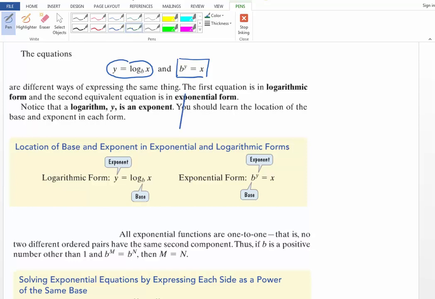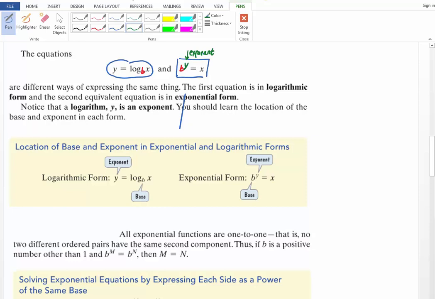So if you take a look right here, you notice that your base is a base b, and you notice here showing up as a base. Now we do notice that y in the exponential form plays a role of an exponent on that base.